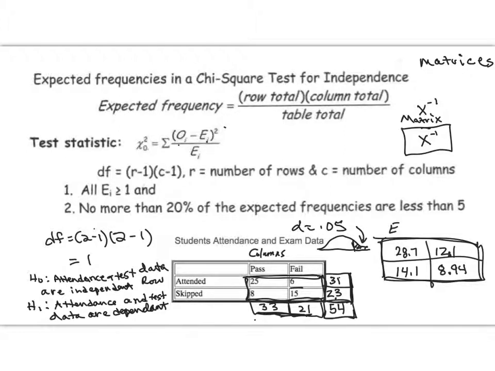And from the table, I get a critical value of 3.841. That's 1 degree of freedom with an alpha of 5%.